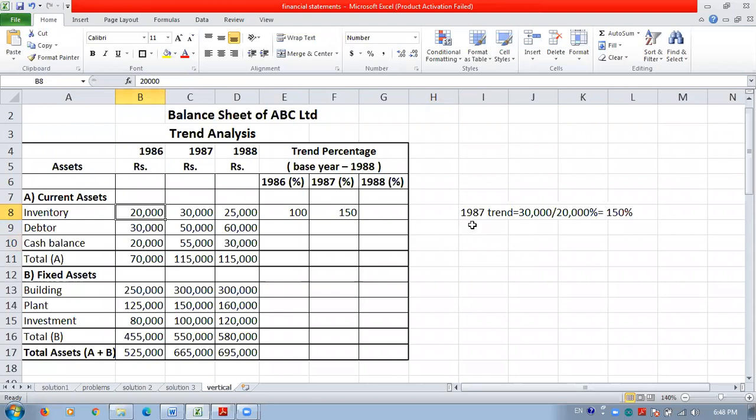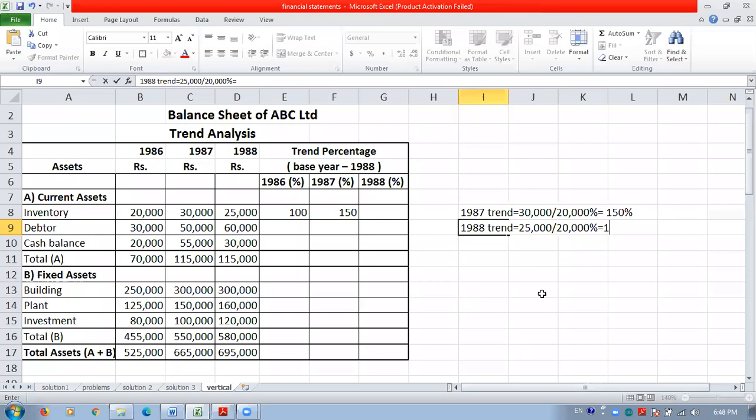So the 1988 trend is equal to the 1988 amount of inventory, which is 25,000, and the base year amount is 20,000 again. So the base year remains the same for all upcoming years for finding the trends. Multiply by 100 for percentage, so it is 125.